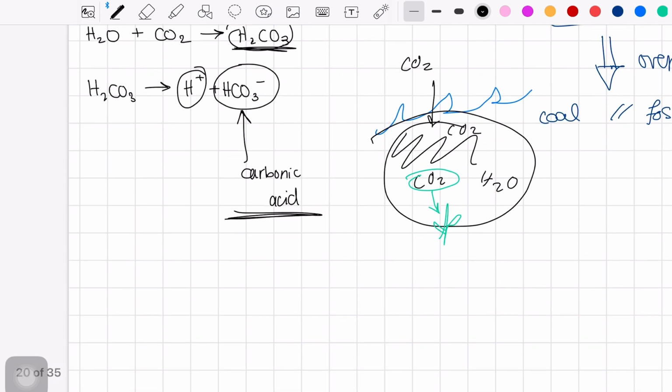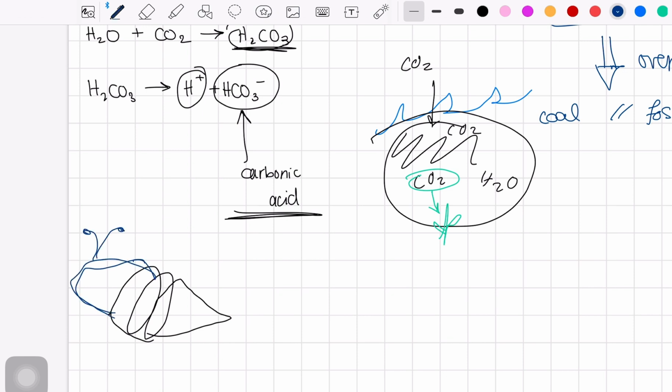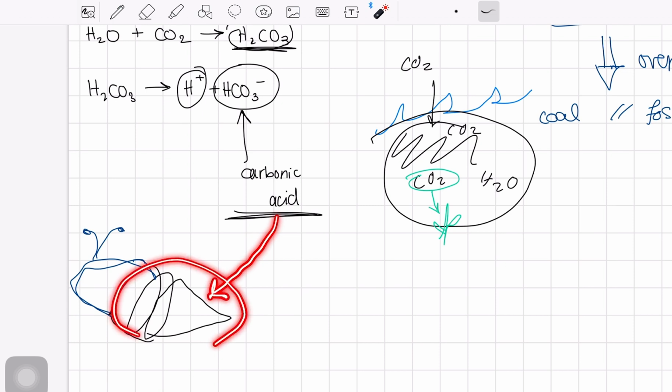Because there are, let's see how good I can draw this. Okay, that's a pretty good shell. We have shells and we have snails. Let's pretend that's a snail. Okay, and so what's going to happen here is that the carbonic acid is going to go and infiltrate this shell.